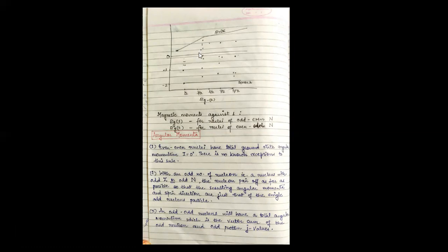These two diagrams show the experimental values do not in general agree with the Schmidt values. However, almost invariably, the experimental values lie between the two limiting Schmidt lines, both for odd Z and odd N nuclei.